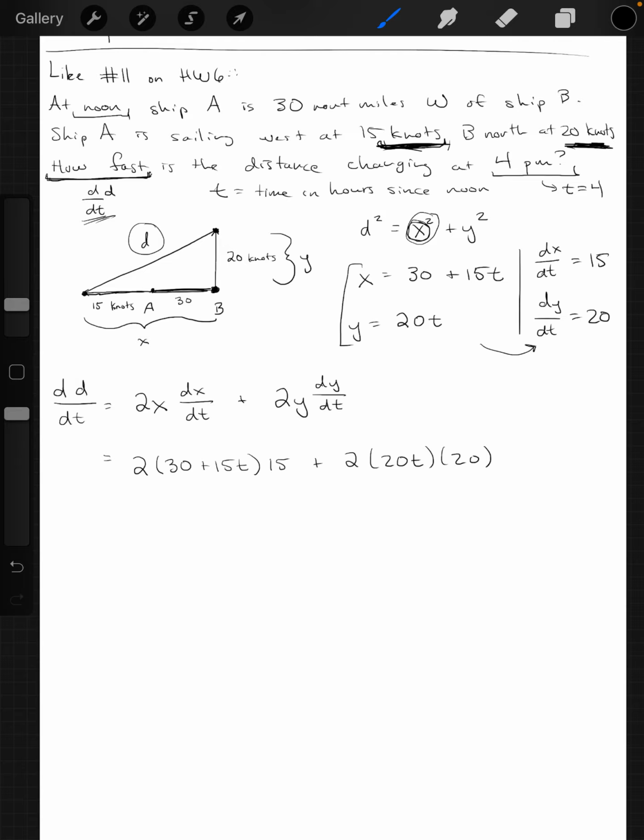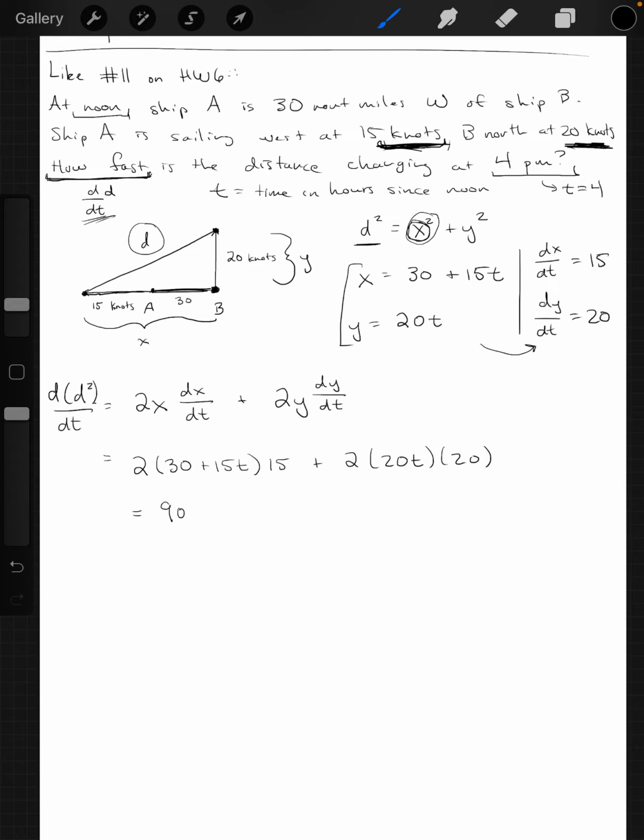Oh, and I've messed up a little bit here. Right? Maybe we could figure it out, but this piece here, this is not equal to d, this is equal to d squared. So the derivative of d squared with respect to t is equal to this guy. So let's go ahead and simplify this out.